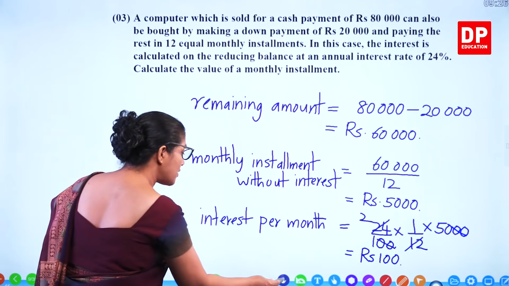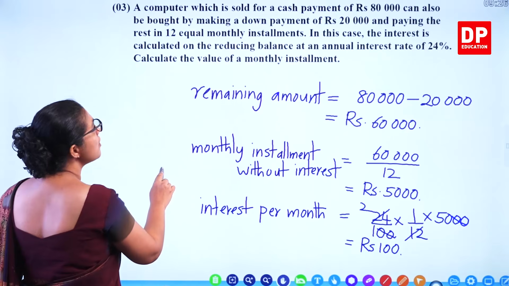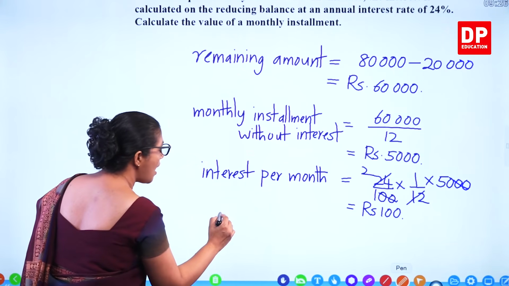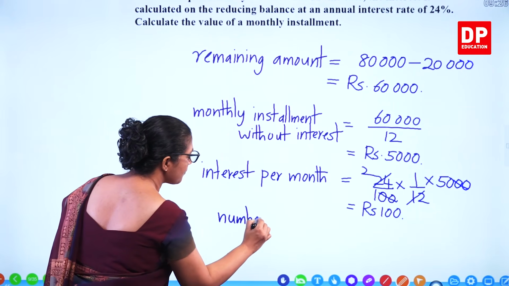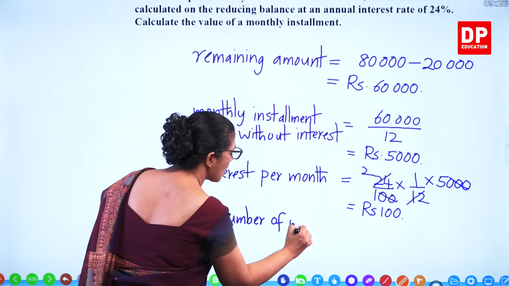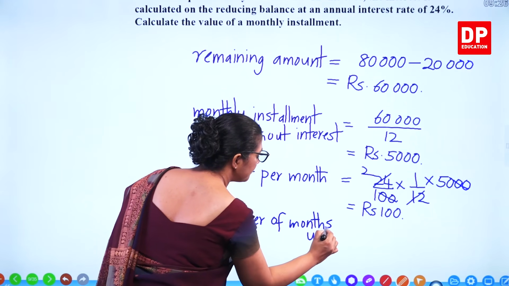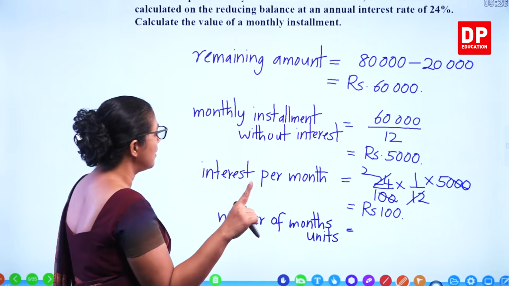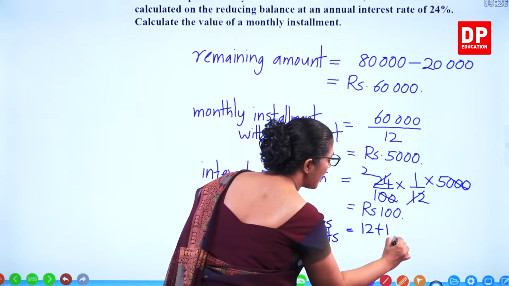Now, how many month units are there? Because we are paying this amount using the reducing balance method. The next step is to find out the number of month units. This is 12 installments, 12 plus 11 plus like that, up to 1.